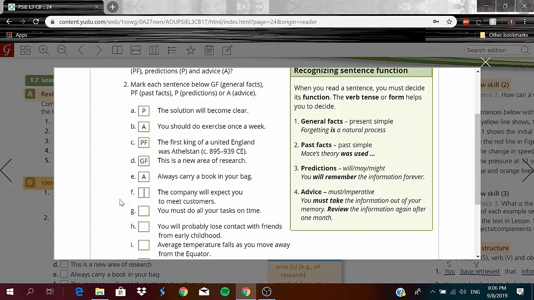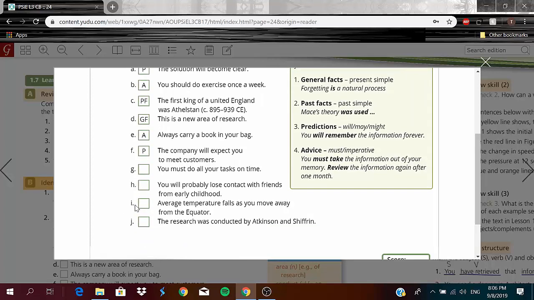And we have F, the company will expect you to meet customers. What do you guys think this is? That is a prediction, right? So the company expects you, again, prediction. Then we have G, you must do all your tasks on time. And for that, that's again advice. Then we have H, you will probably lose contact with friends from early childhood.